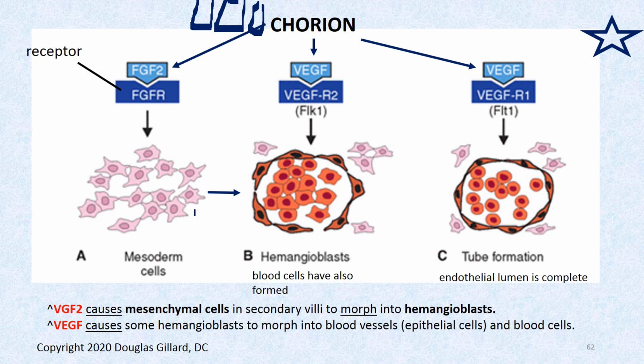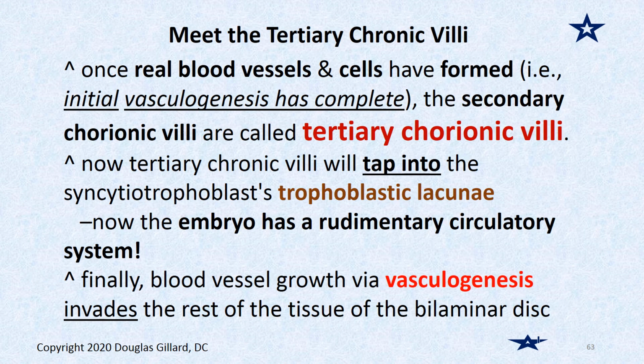And then the hemangioblasts, these are the hemangioblasts here, via VEGF and different receptors. I don't want to get that deep in it, but there's two different receptors that these can bind. But they can morph into endothelial cells to form tubes, or they can morph to create these blood cells. Right? So VEGF causes some hemangioblasts to morph into blood vessels and others to morph into blood cells. We'll just leave it at that.